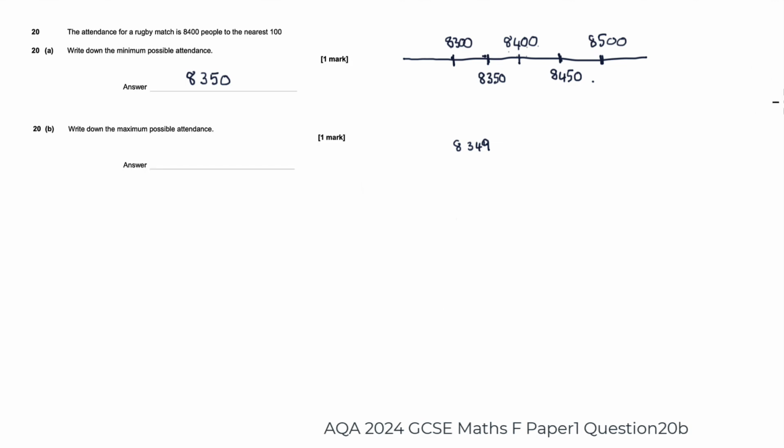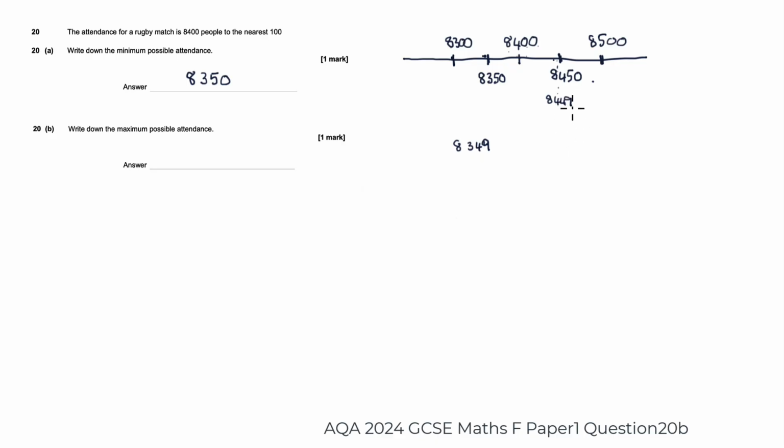Let's have a look at part B. It says write down the maximum possible attendance. Well, let's move on to the 8,450. And from what we've just said, if you're chopping that 50 off, you would round it up. And this figure, 8,450, would go up to 8,500. So this can't be the maximum possible attendance. What about one less? What about 8,449?